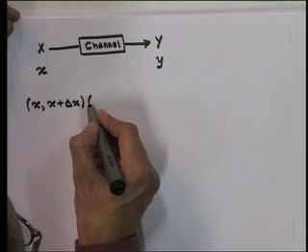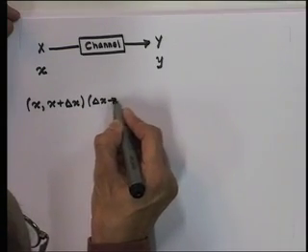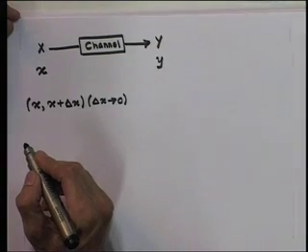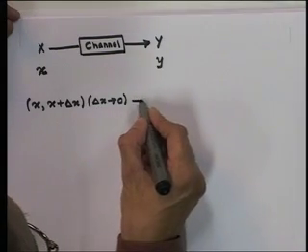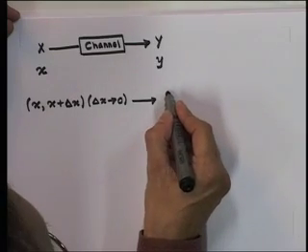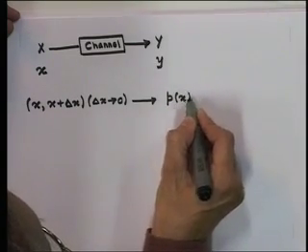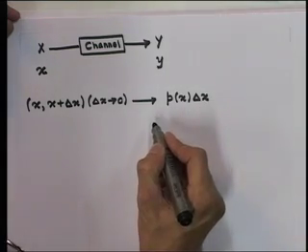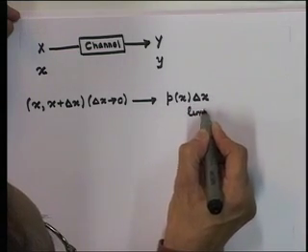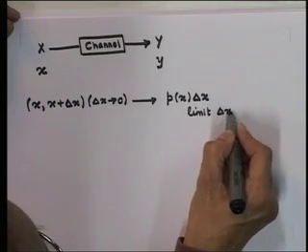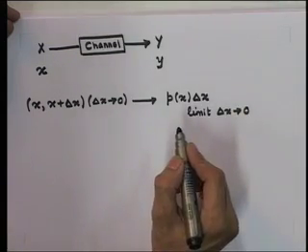Now, consider an event at the transmitter: a value of the random variable x in the interval x to x plus delta x has to be transmitted, assuming delta x tends to 0. The probability of this event is given by p(x) delta x in the limit delta x tends to 0.